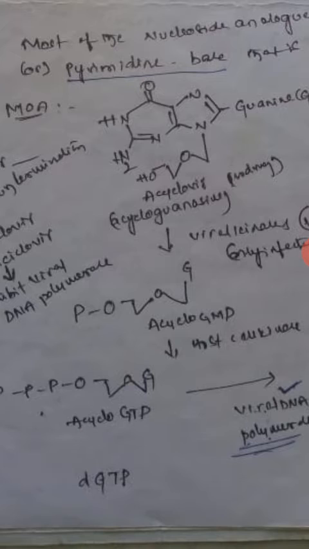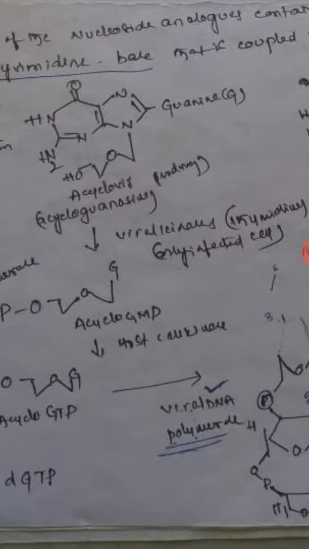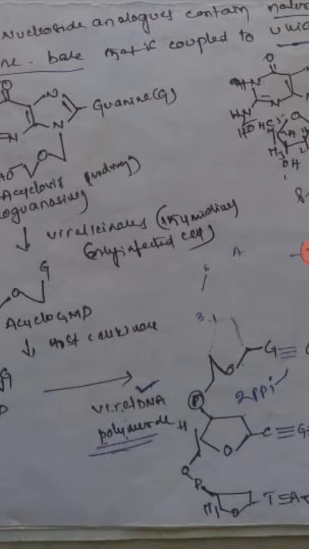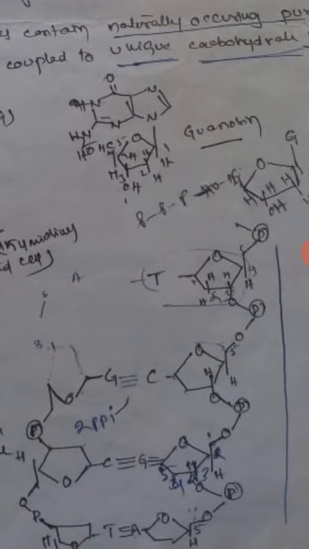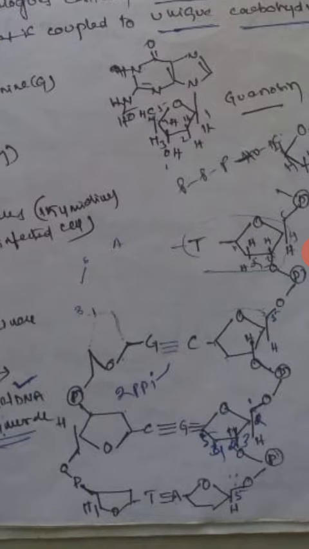This aciclovir triphosphate is structurally similar to the naturally occurring nucleoside, deoxyguanosine triphosphate, so it competitively inhibits the viral DNA polymerase enzyme, which leads to a failure of DNA synthesis.